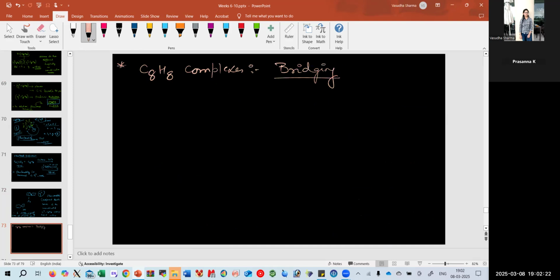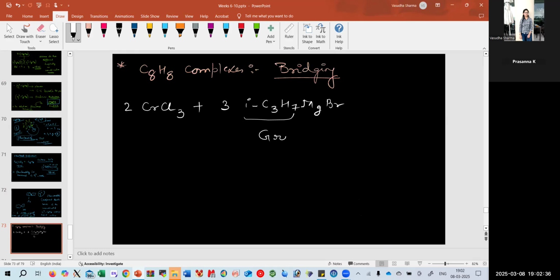The example that we are taking: you take 2 moles of chromium chloride and treat it with isopropyl magnesium bromide. This is an isopropyl group, a Grignard reagent, which is a source of your R group. And you take 3 moles of C8H8.